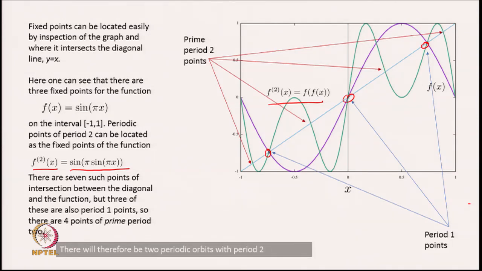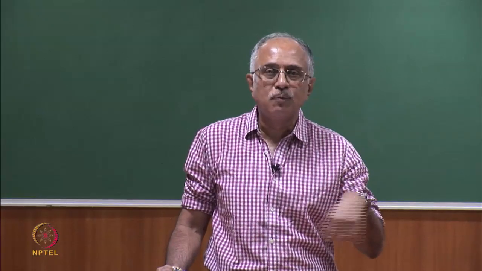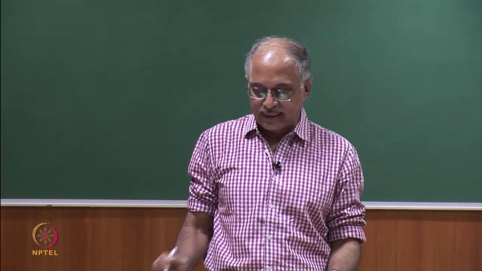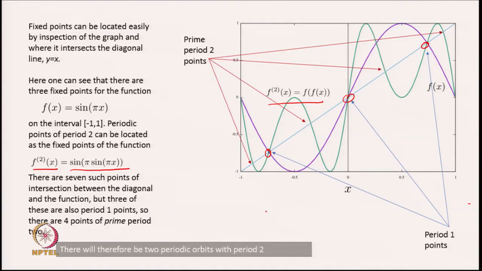These points have got prime period 2. Now, any period 2 orbit must have 2 points in its composition, namely if I have got x naught and then I have got x 1 which is f of x naught and x 2 which is f 2 of x naught is equal to x naught.